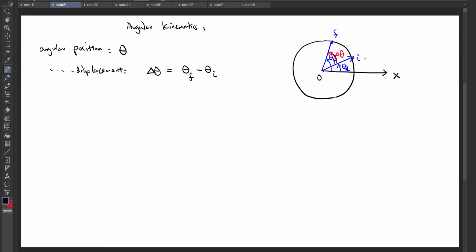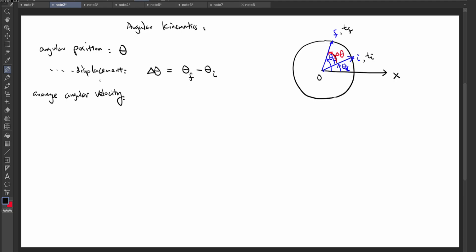And then if I know the time instant is t initial, time instant is t final for these 2 points, then I can further define this average angular velocity.